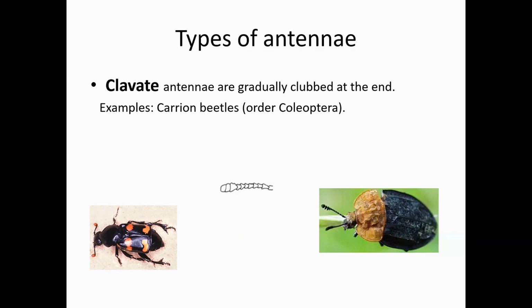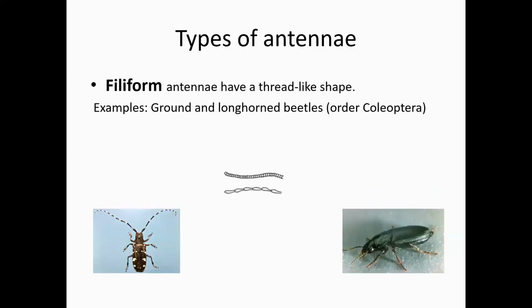And filiform antennae: the antennae are thread-like. There is no variation in the flagellar segments; they are the same. This kind of filiform antennae are observed in ground beetles and long-horned beetles.